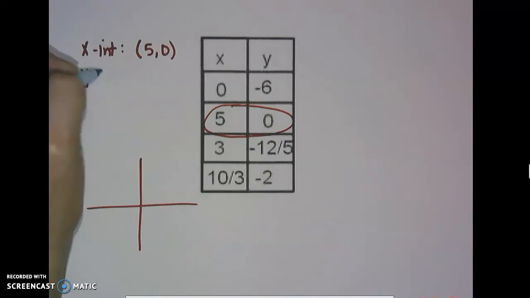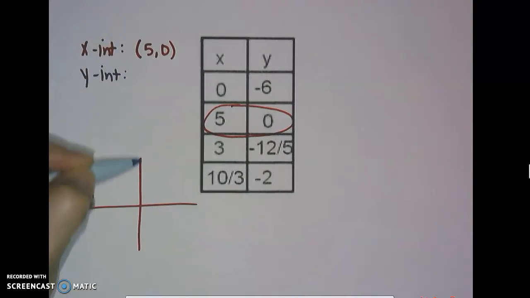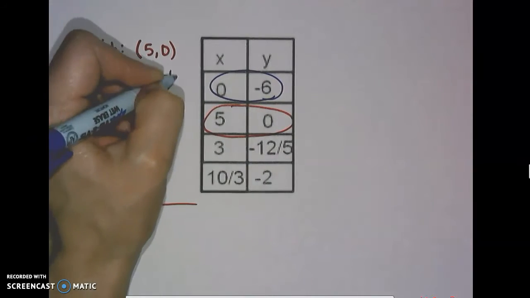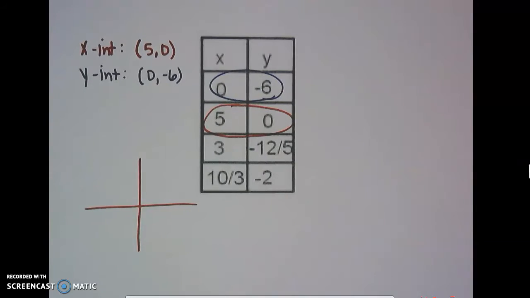And the same idea is going to happen with a y-intercept. If we're on the y-axis here, we know that every single point there has an x-coordinate of 0. So looking at our table, we're going to have 0, -6 as our y-intercept.